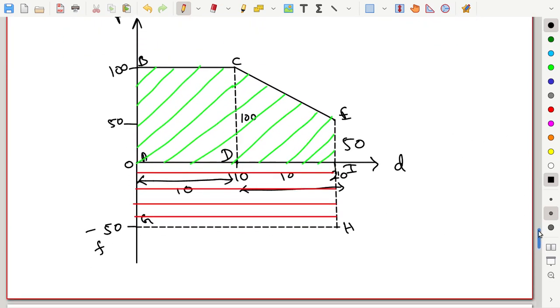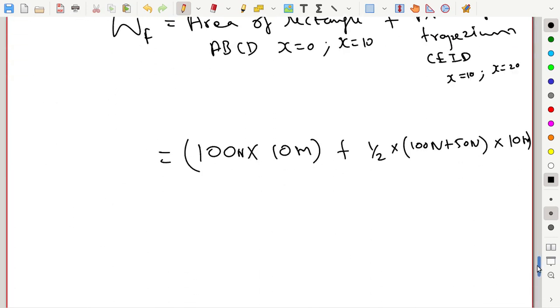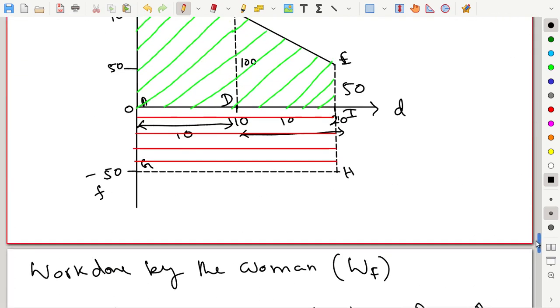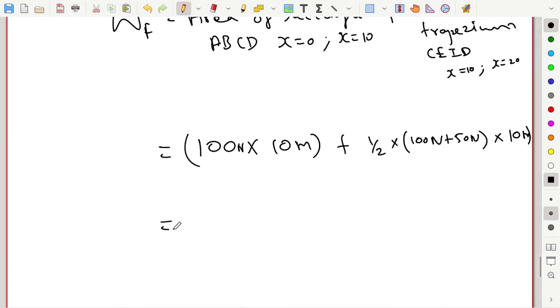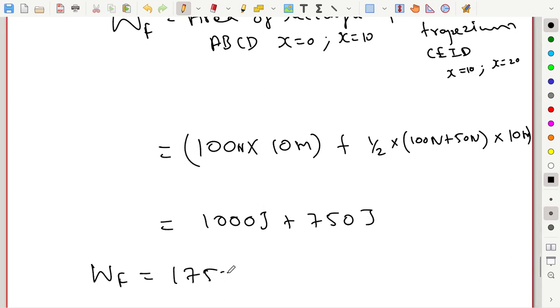So we add those sides, multiply by half, and multiply by the base. Therefore, this quantity is 1000 joules plus 750 joules. Therefore, the work done by the woman is 1750 joules.